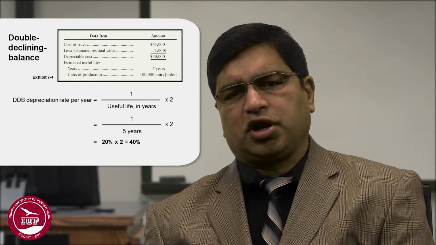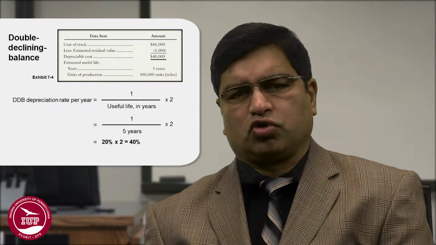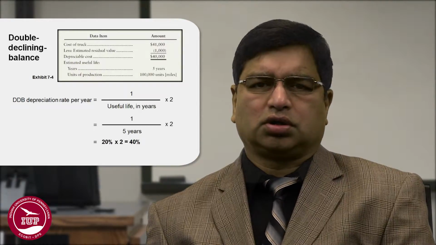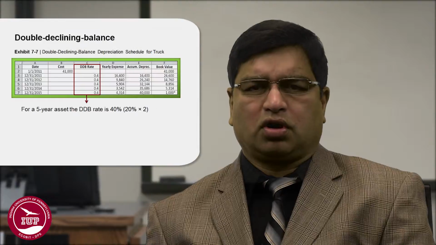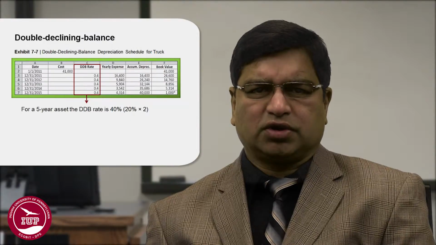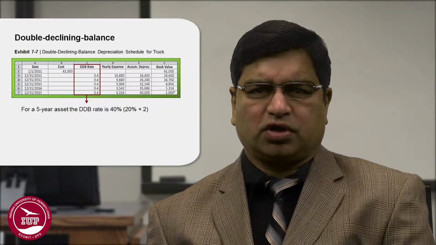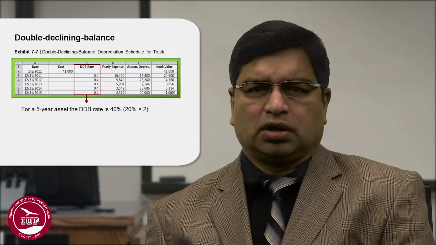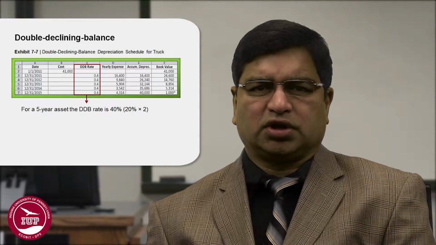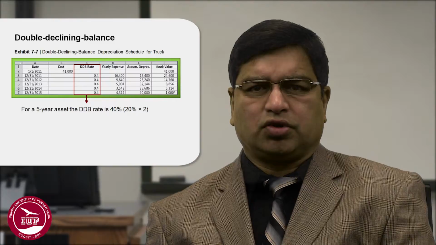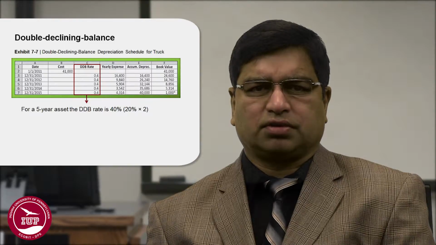So the remaining process will more or less remain same, but you are charging 40% on the book value of the asset. So it started with 41,000, 40% of 41,000 will give you 16,400, and 41,000 less 16,400 of accumulated depreciation will give you 24,600.